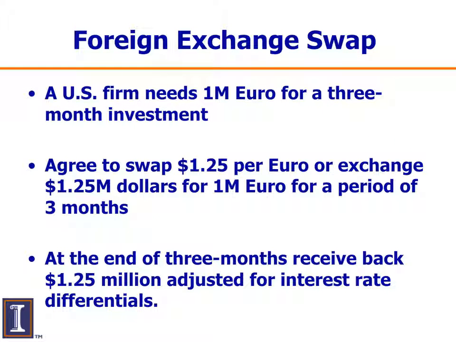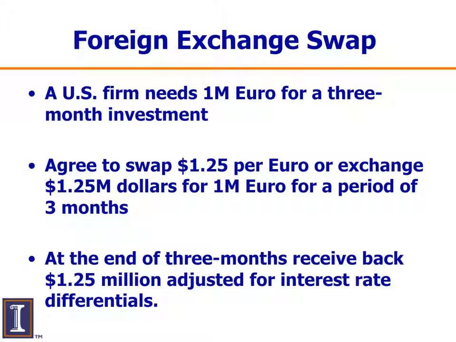Just to illustrate a foreign exchange swap, let's say a U.S. firm needs 1 million euro for a 3-month investment. They would agree to swap $1.25 million right now for 1 million euro for a period of 3 months, and then agree to swap it back in 3 months. So that is one form of a foreign exchange swap.